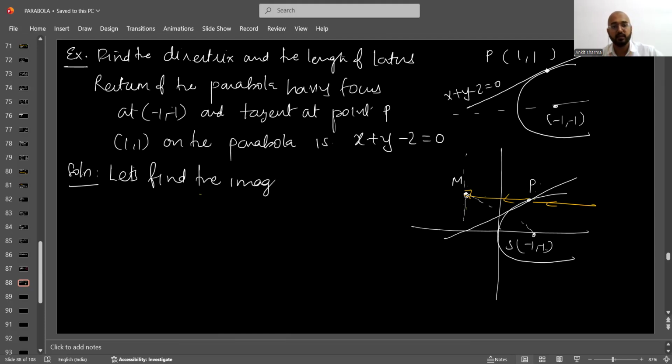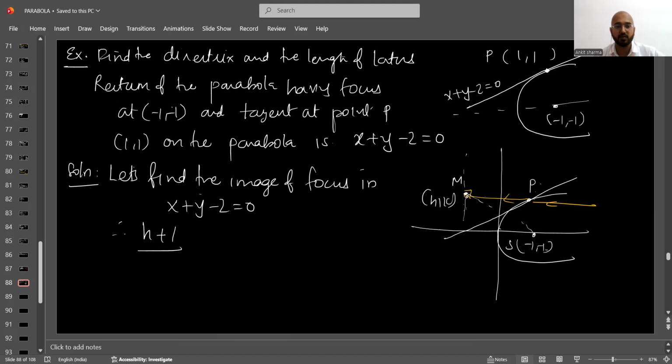So let's find the image of focus in x plus y minus 2 is equal to 0. Assume the image is (h, k). Now you can find out: (h plus 1) over 1 is equal to (k plus 1) over 1, which is equal to minus 2 times (minus 1 minus 1 minus 2) over (1 square plus 1 square), which is 2.